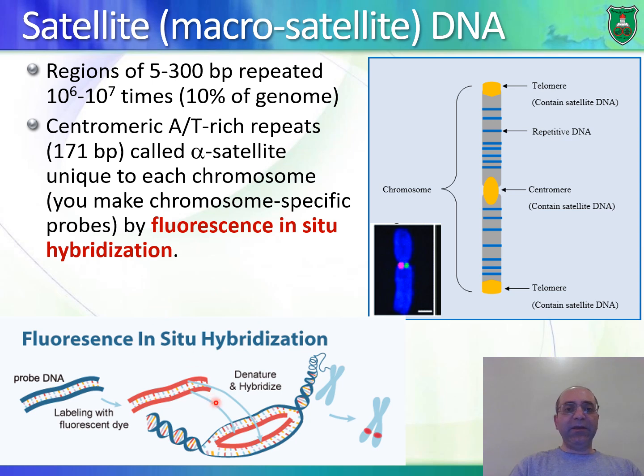The idea here is that we use a DNA probe that is fluorescently labeled, and it targets chromosomes, and you have hybridization between the probe and the chromosome. Right here you can see a chromosome, and the centromeres are fluorescently labeled. This is a very common technique used in medical laboratories and hospitals to stain chromosomes or different regions of chromosomes.